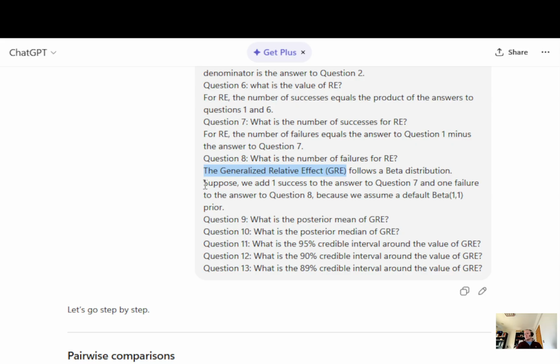Suppose we add one success to the answer to question 7 and one failure to the answer to question 8, because we assume a default beta 1-1 prior. The default prior distribution for the generalized relative effect is a 1-1 beta distribution.